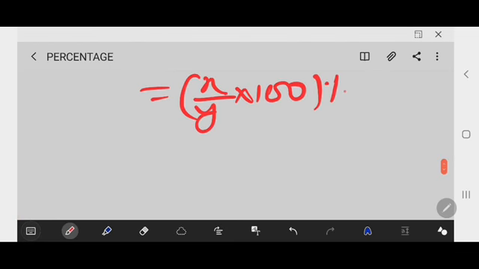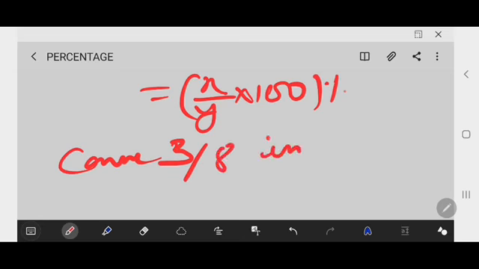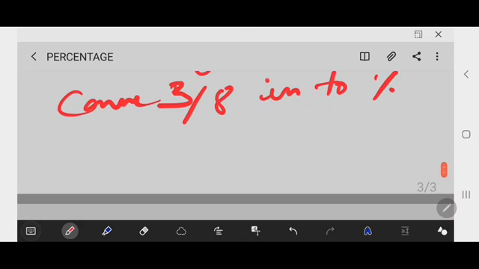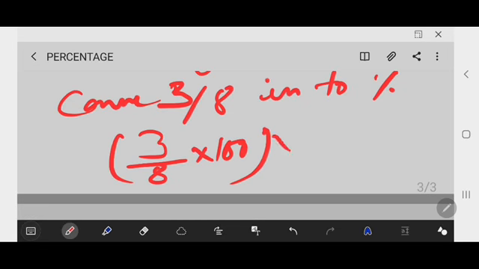Let's see the example. Convert 3 by 8 into percentage. The answer will be 3 by 8, that is x by y, into 100, which is the percentage. So the answer will be 37.5%. This is the trick.